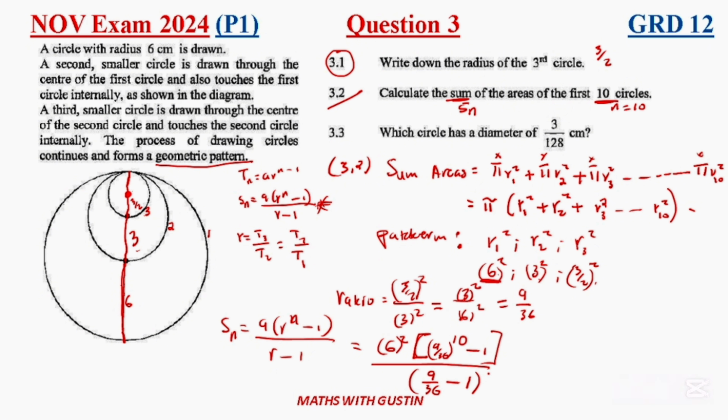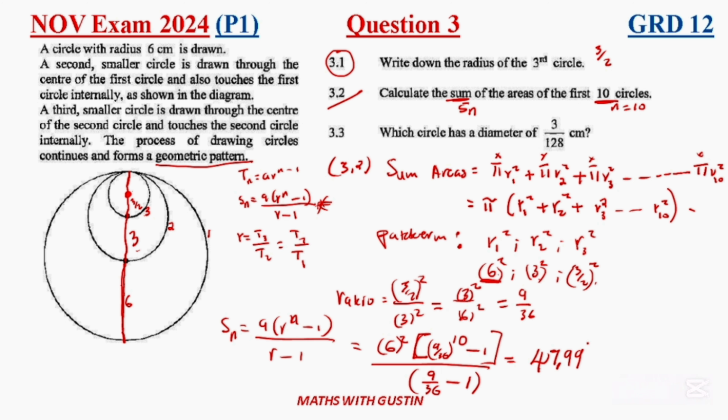Okay, so we punch everything into our calculator, and I find 47.99. Okay, so now this is our sum.